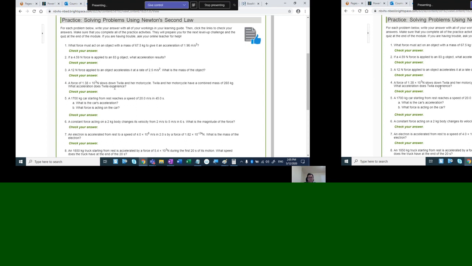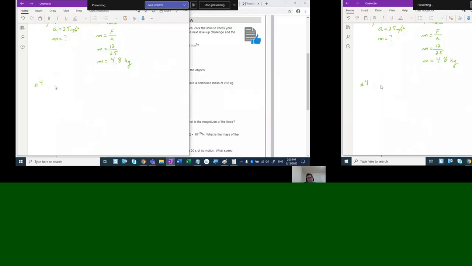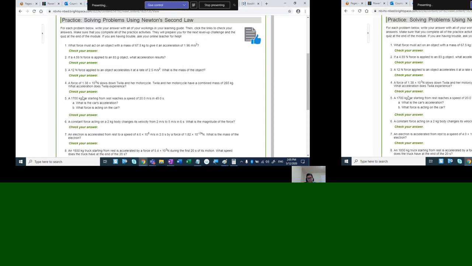A force of 1.38 times 10 to the 3 Newton slows down Twila and her motorcycle.